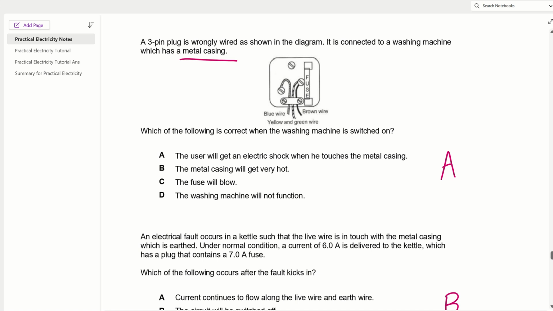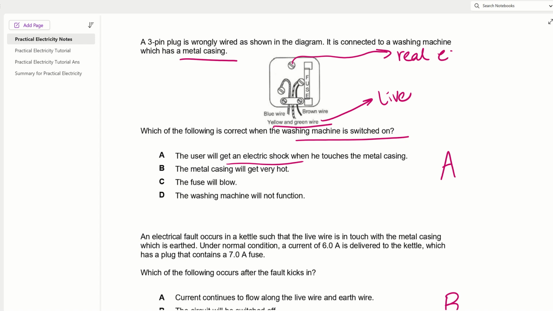This is dangerous, because look at this. The yellow and green wire is connected to the live wire. So which of the following is correct? When the washing machine is switched on, the user will get an electric shock. This part is actually going into the real earth, that means the ground of the building.